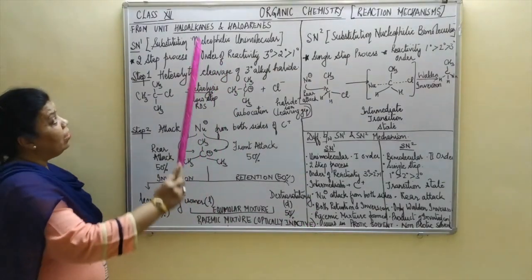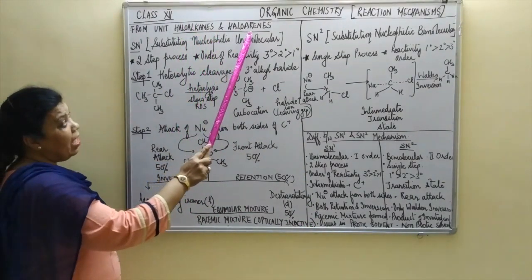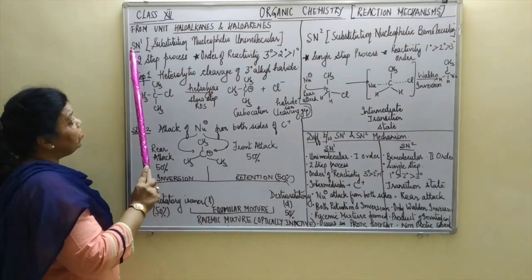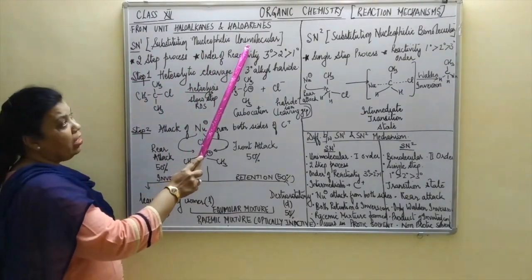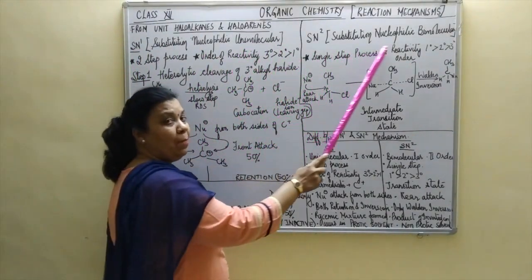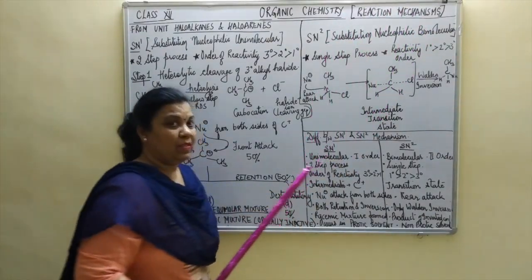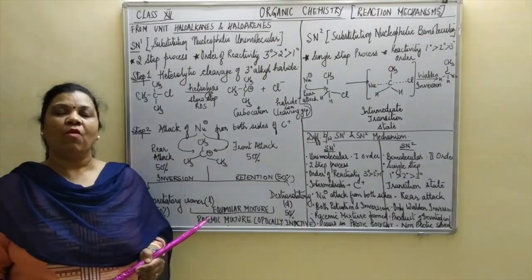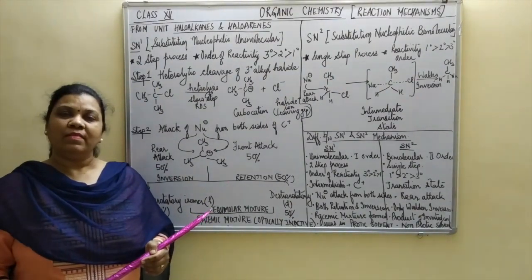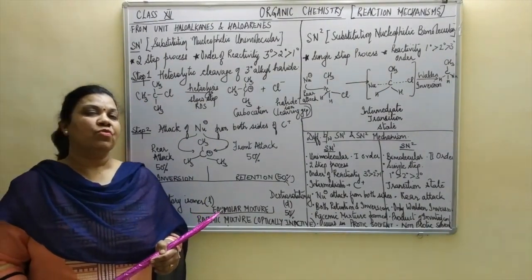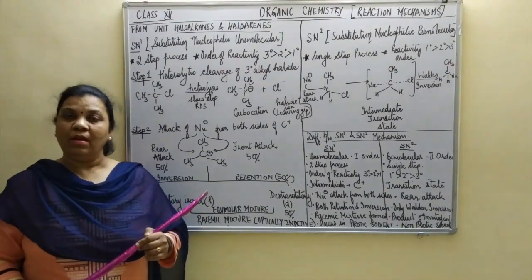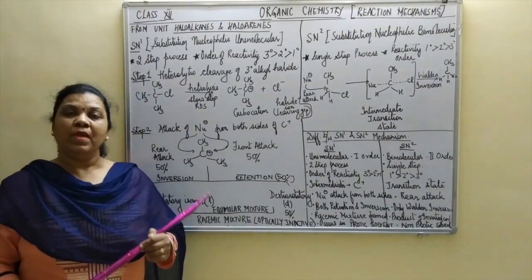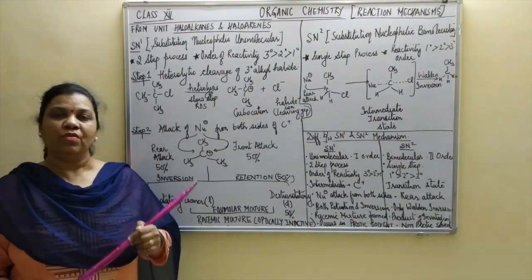Let us start with, from the chapter haloalkane and haloarine, the substitution nucleophilic unimolecular and substitution nucleophilic bimolecular type of mechanisms. Let me tell you children that the characteristic reactions of haloalkanes and haloarines are nucleophilic substitution reactions. Now here, let me make it clear what we mean by nucleophilic substitution reaction.